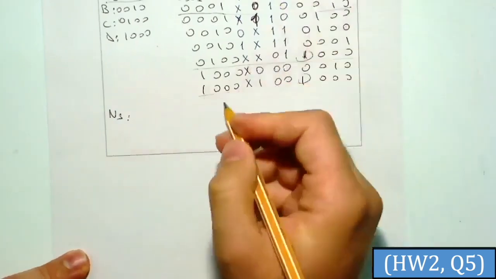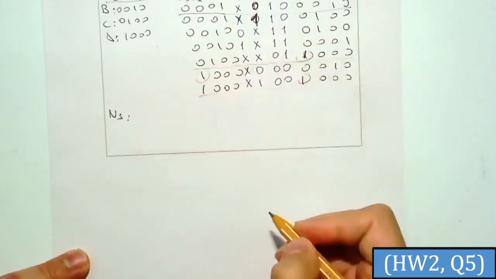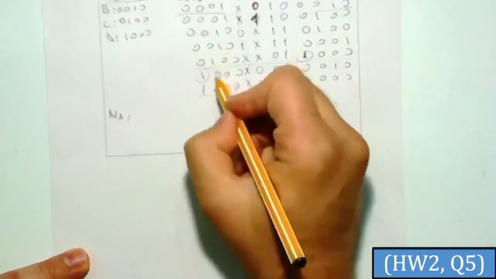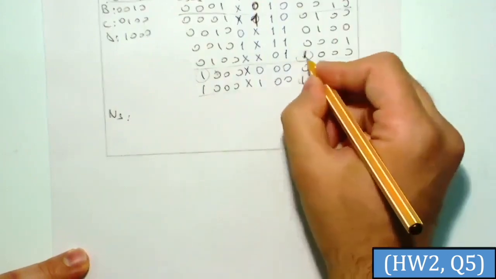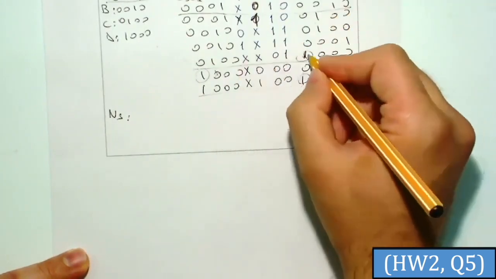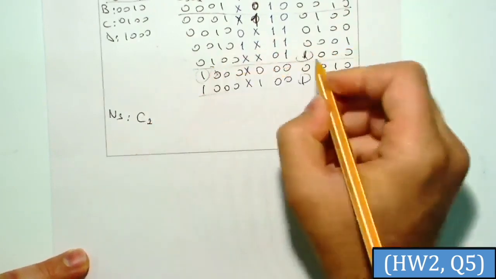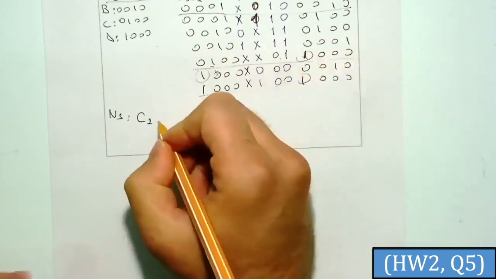For the one-hot encoding, this means that if one of the bits in the input is 1, then the rest should be 0, so we can regard them as don't cares. So when the entry is 1, this means that C2 is 1, and that's it, I guess.